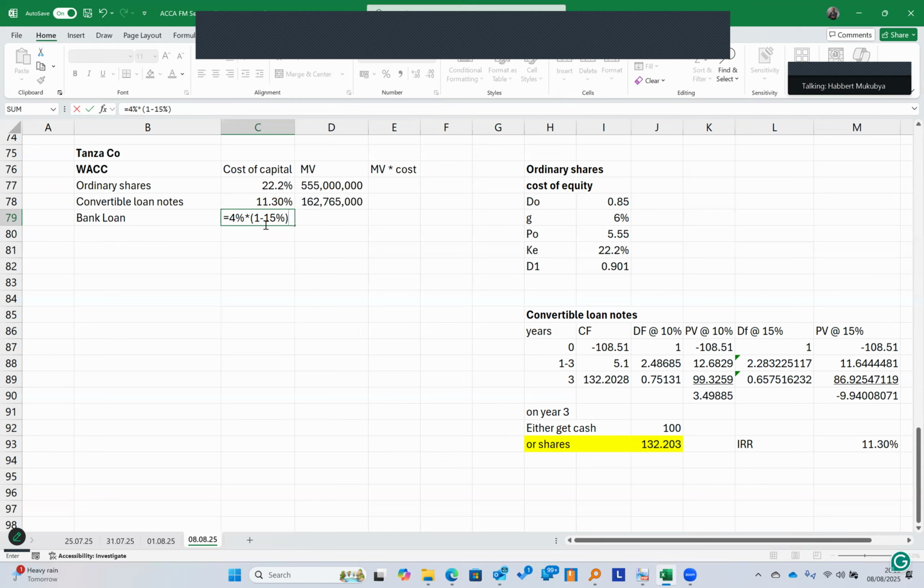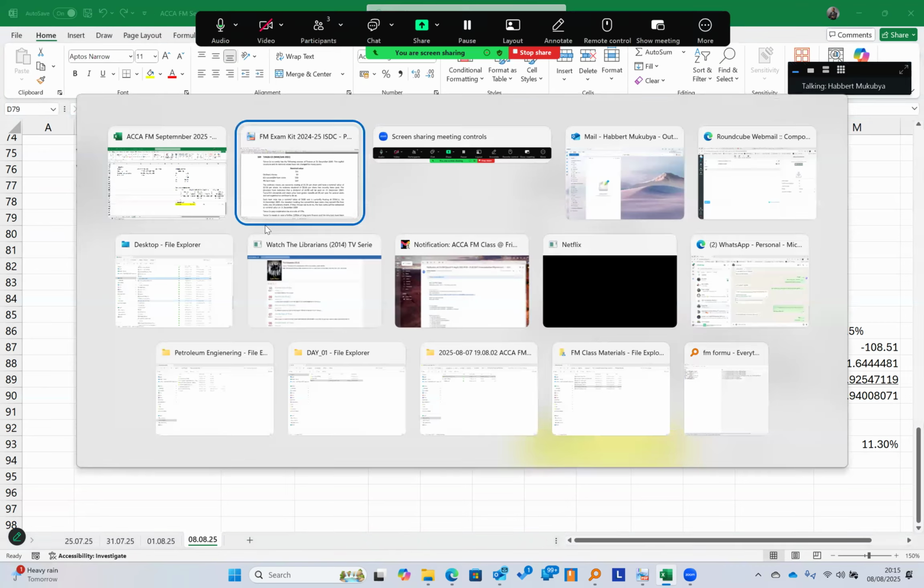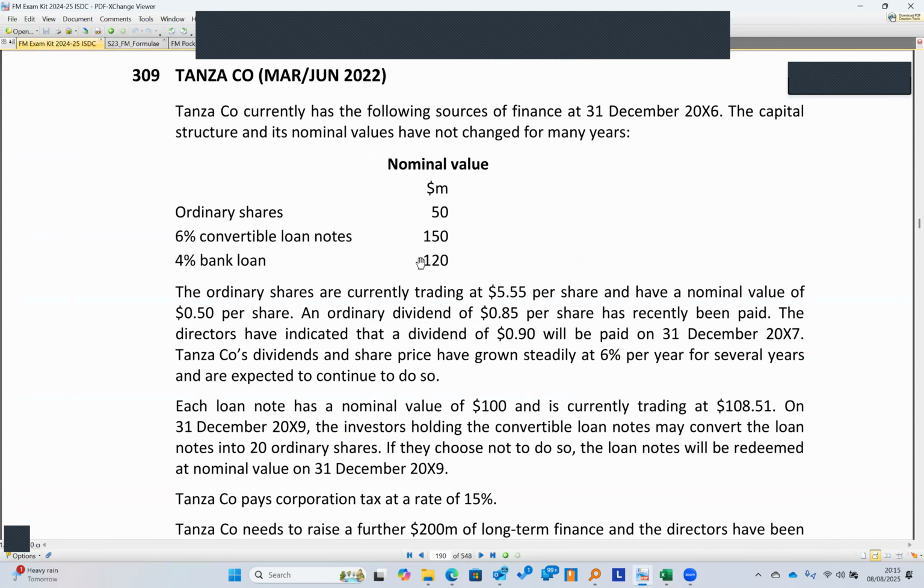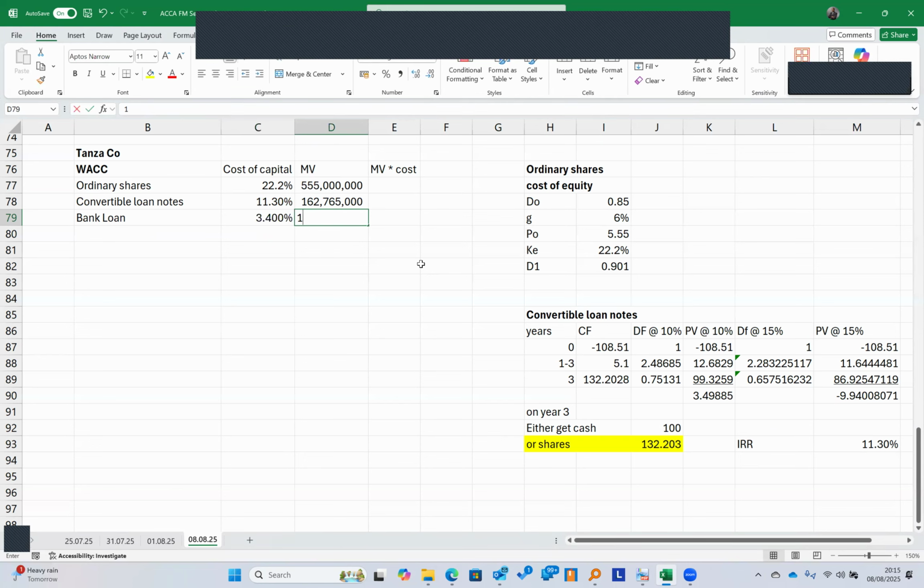If you are given variable, then you can assume that it's the same as the one for convertible loan note or for the loan notes. Or you can be given a question where you have to amortize. And so this is the interest. And the market value for the bank loan is still going to be up to 120 million.